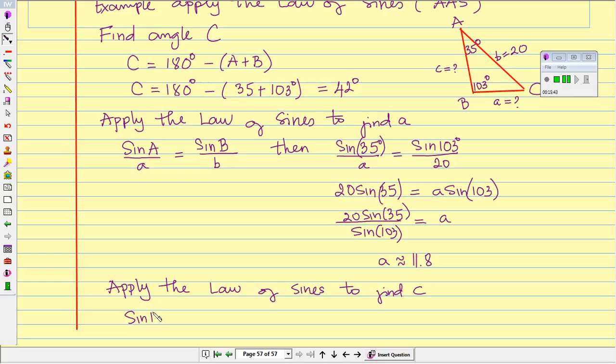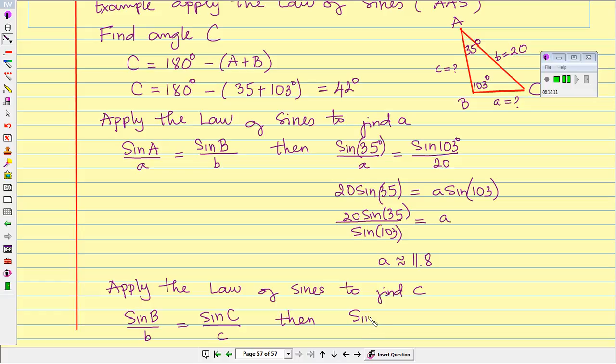We have to know two angles, and in this case we know the angle B and the angle C. What happens if you say you don't want to use B and C, can you use A and C? That's fine, you still end up with the same answer. So letter B, letter C, and then we substitute.